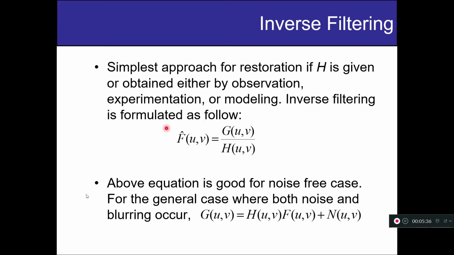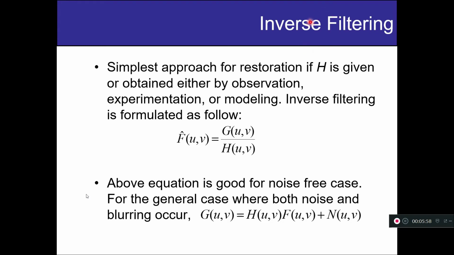Of course, this is done in the frequency domain, in the Fourier transform image. Once you get your F hat, you need to apply the inverse Fourier transform to find the small f hat, which is the image in the spatial domain. Inverse filtering is very powerful.